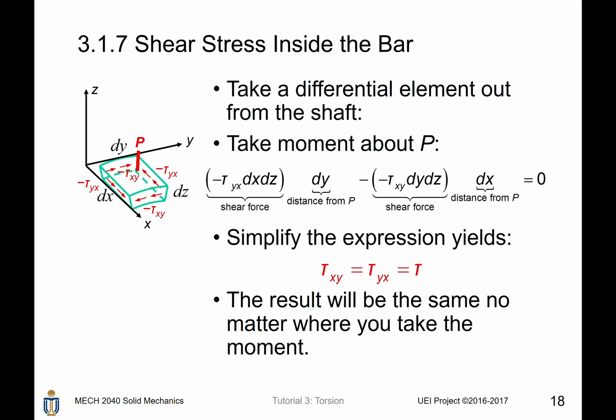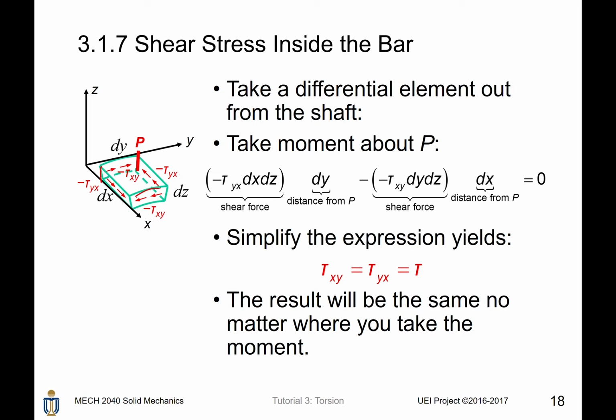Take the moment about P and consider the moment equilibrium. First, for shear stress on each surface, we consider the shear force acting on that surface. The force acting on this surface is tau yx dx dz. So this is the force, minus tau yx dx dz. It has a distance dy from P.